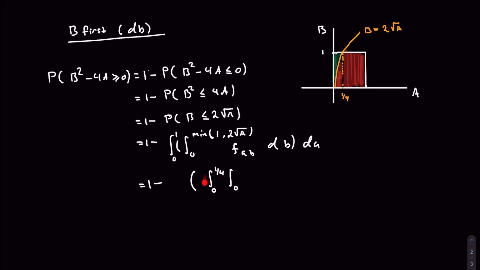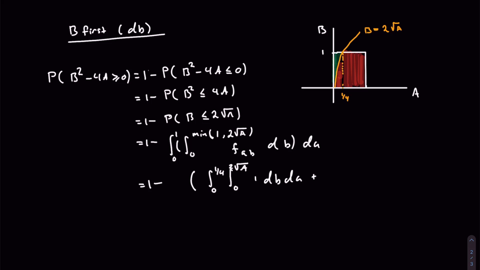This is the outer integral. And in that case, we are safe that we will never be out of support. So then we can just write 2 square root of a, and then we have 1 db da.